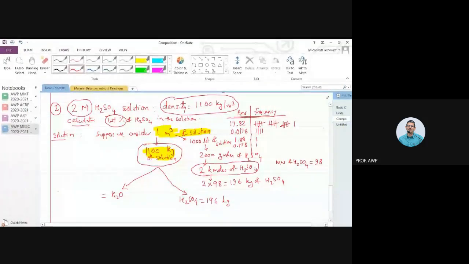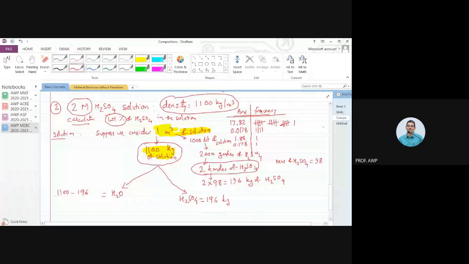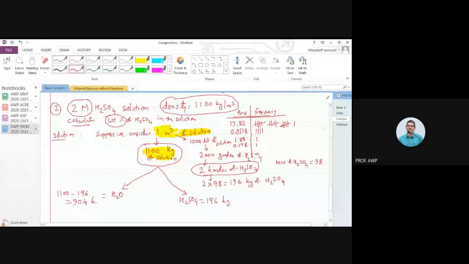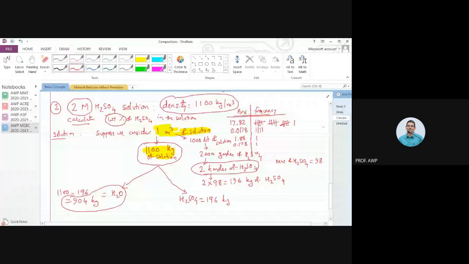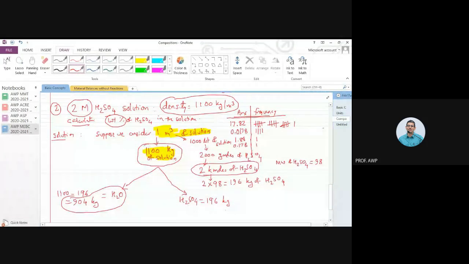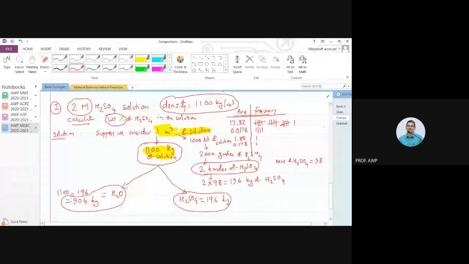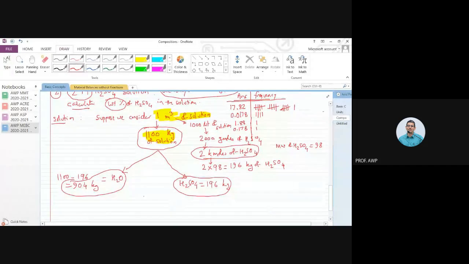Water would be 1100 minus 196, that is 904 kgs of water.